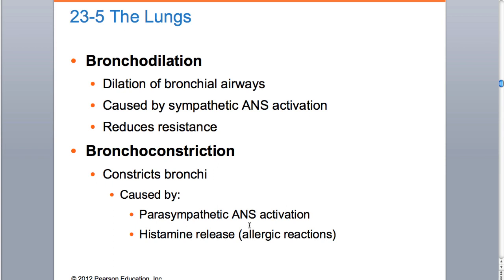Earlier in the last slide, I talked about the example of histamine. So someone that has an allergic reaction and has their nose all stopped up because of allergies to ragweed pollen, tree pollen, whatever pollen, what happens? The histamine swells up the nasal passageways and along with the bronchioles.